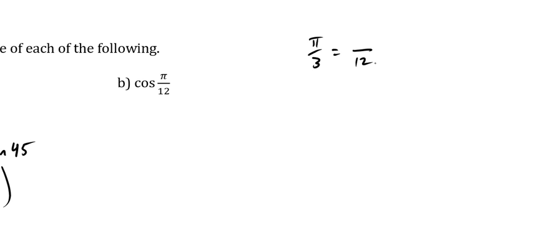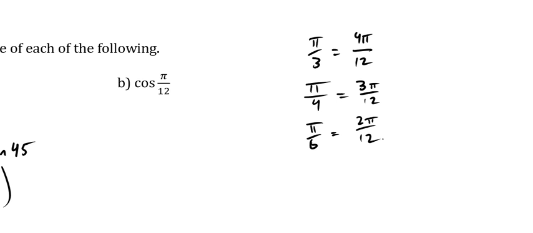What do I get? Yep, 4 pi by 12. Pi by 4 is? Say again? 3 pi by 12. And pi over 6 is? 2 pi by 12. So some combination of 4, 3, and 2 should give you pi by 12.